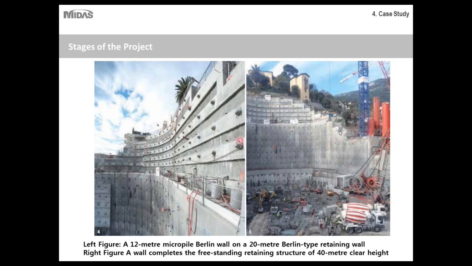You can see the staggered or stepped construction so that they can mount the equipment on it and carry on the excavation as they proceed. Several micropiles were used to provide the required anchorage at the top.